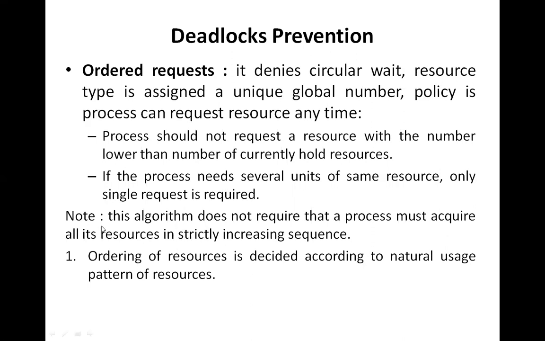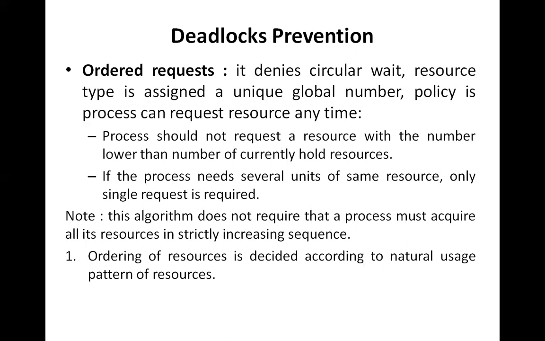Now, I have already given an example: if the resource held by a particular process is numbered 3, and it is asking for a resource numbered 7, then resource 7 will be granted if it is available.